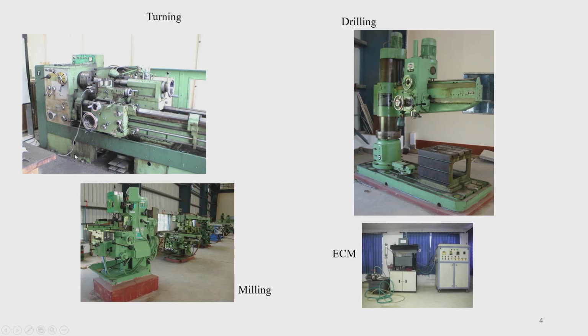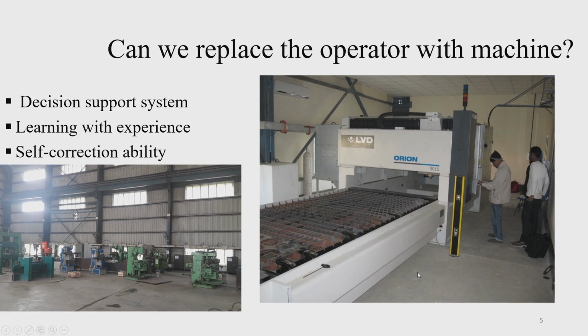We have so many machines, like turning, drilling, milling and electrochemical machining, and they require an operator. So, the question is, can we replace the operator with a machine? On the right hand side you are seeing a CO2 laser machine, which is a 2.5 kilowatt CO2 laser.